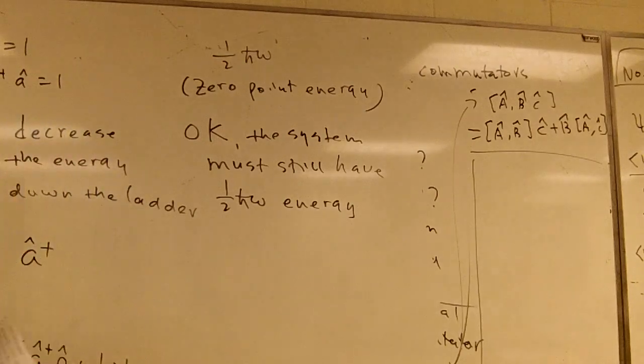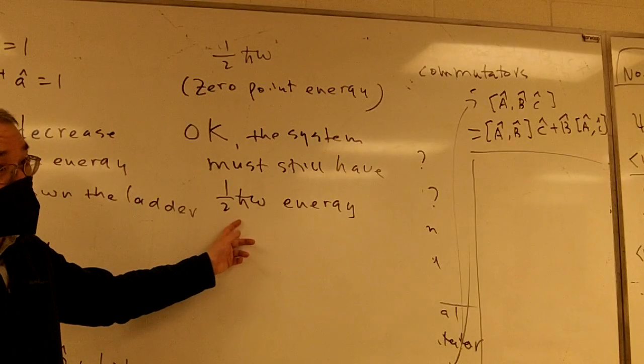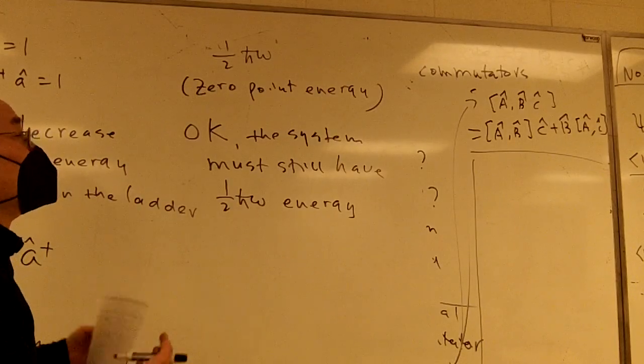And this is bizarre in the sense that in classical physics, if you put the ball at the bottom of the well, you get 0 energy, so it doesn't have potential energy, doesn't have kinetic energy, 0 energy. But for quantum mechanics, you have this amount of energy.